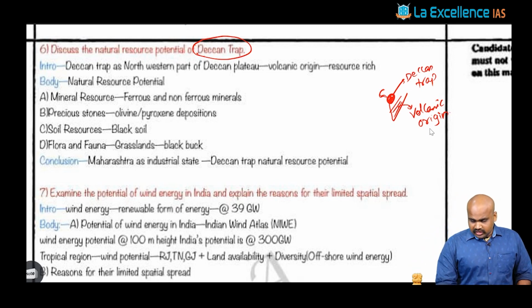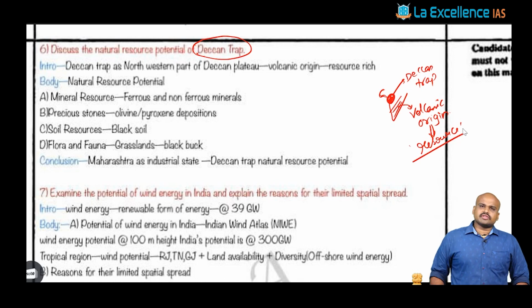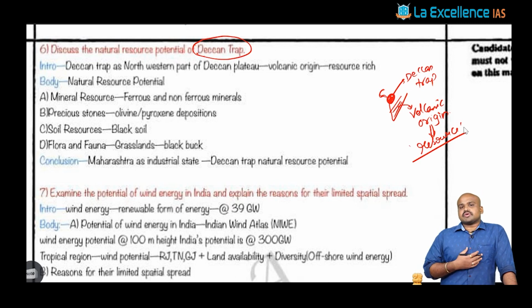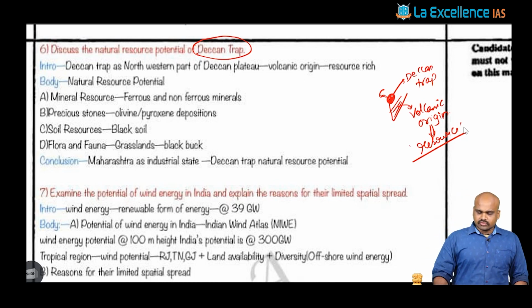With the fundamental nature of this volcanic origin itself, you know that any region with this kind of volcanic origin is resource rich, for the reason that you would have seen different kinds of depositions. You know about the cooling of magma, and the dynamics or fluid mechanics with respect to magma could have been understood. And with that basis of understanding, you would see that it is resource rich in nature.